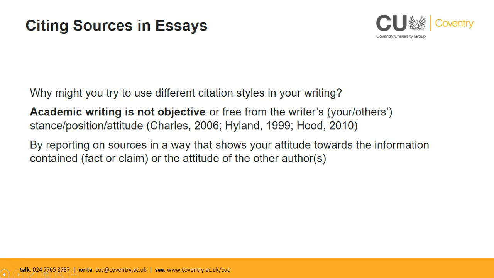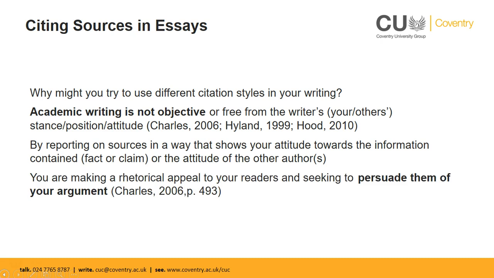So by reporting on a source in a way that shows your attitudes towards the information contained, whether that's a fact or a claim, or the attitude of that author, you are making a rhetorical appeal to your readers, and you're trying to persuade them of your argument. So whether you feel that you agree with a certain author or disagree with them, you can show this in the way that you cite a source. And this accumulates in your writing and can have a persuasive effect on your reader.